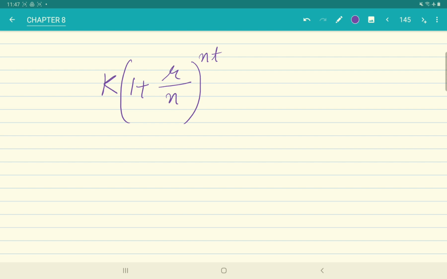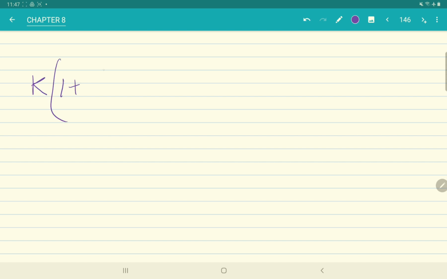But we would like to know what this expression would tend to as n tends to infinity. For that, we put r by n equal to 1 by m, and that gives us n equal to mr. Now we can see what happens to this expression, k(1 + r/n)^(nt).